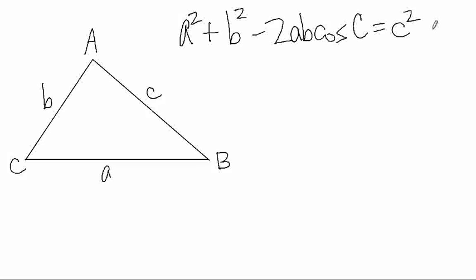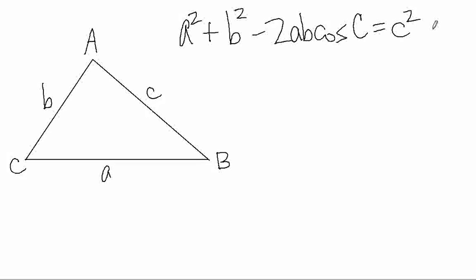A few observations. Notice that it's very similar to the Pythagorean theorem. Okay? In fact, it's used in a lot of similar situations. The Pythagorean theorem is useful when you know two side lengths of a triangle and you want to know the third side length.